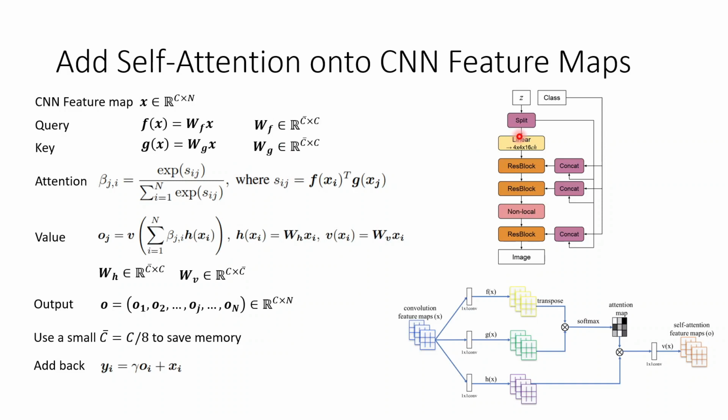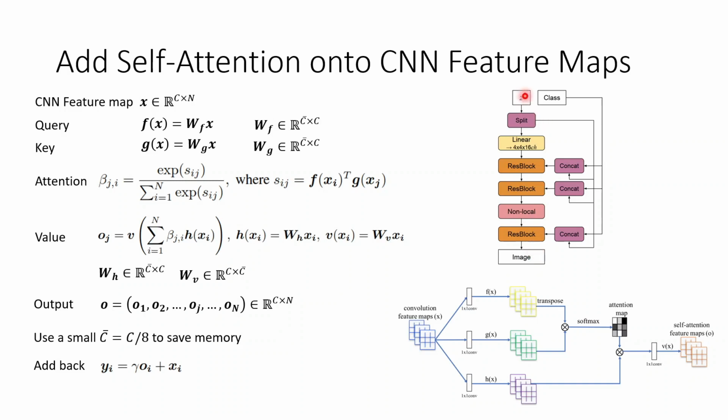This is their approach, please see this figure. If you remove the non-local layer, then it is the state-of-the-art. What they did was add a non-local layer implemented by self-attention to a certain feature map.